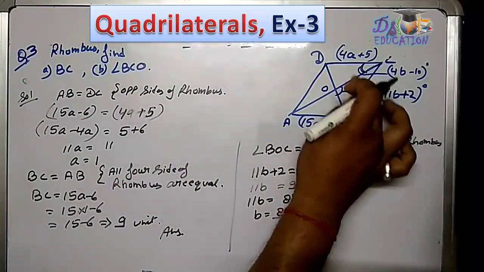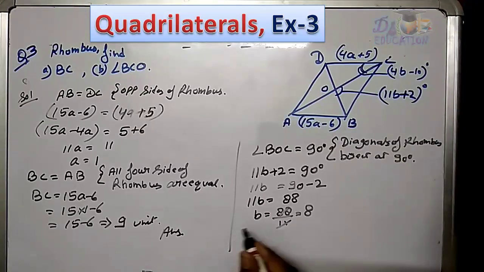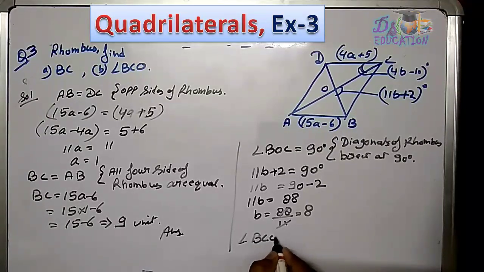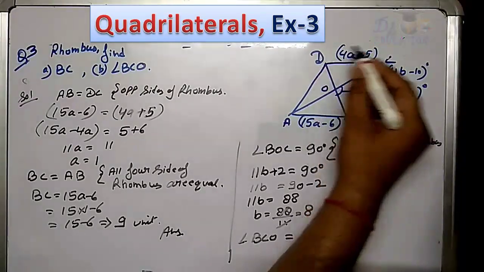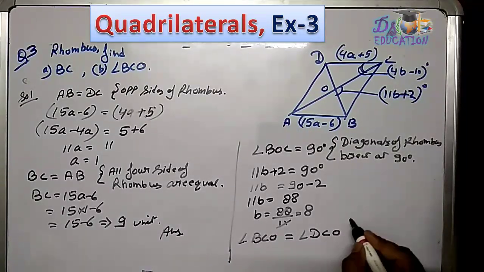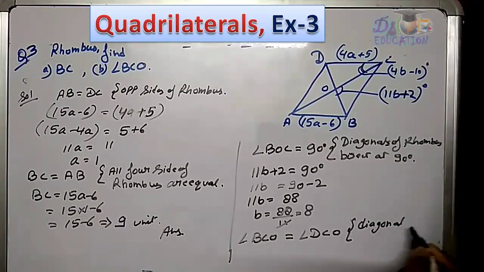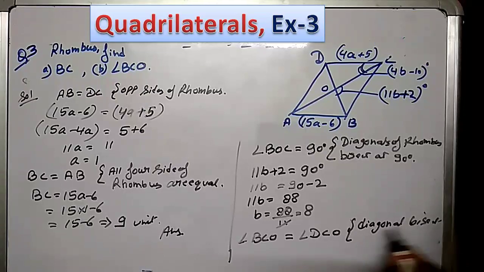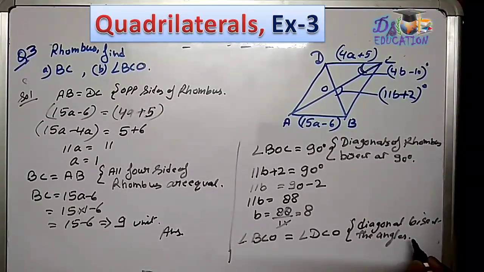Because AC is bisecting the angle, we can write angle BCO is equal to angle DCO. Why? Diagonals bisect the angles.